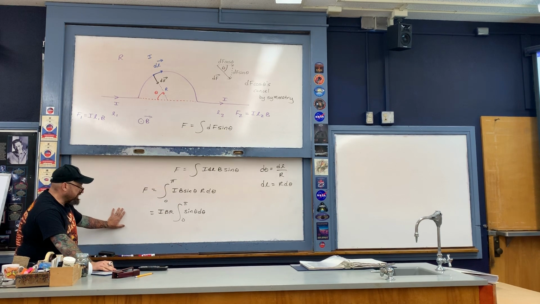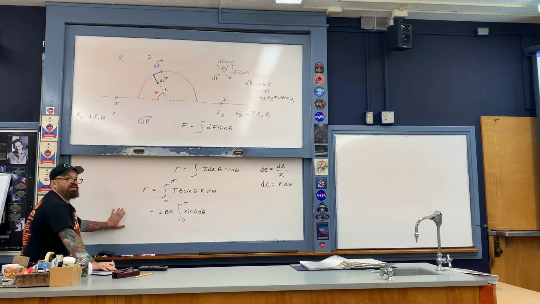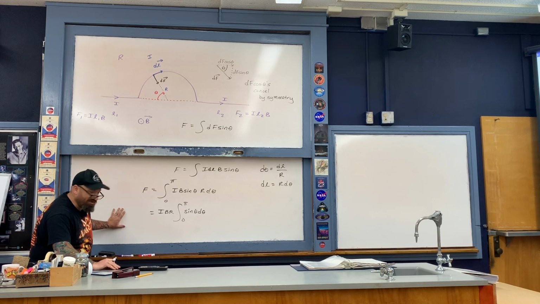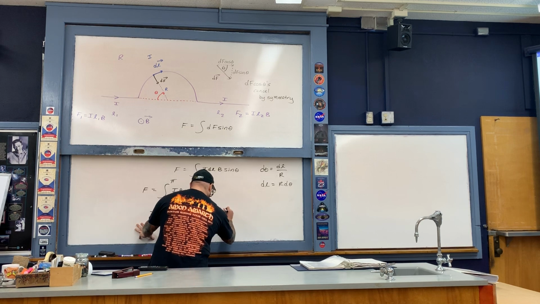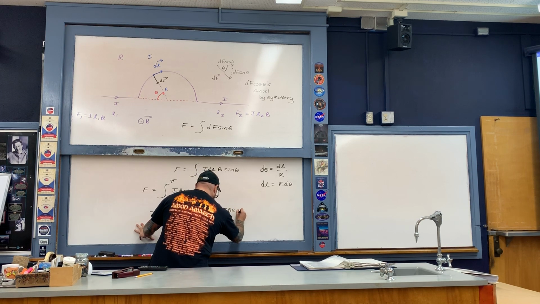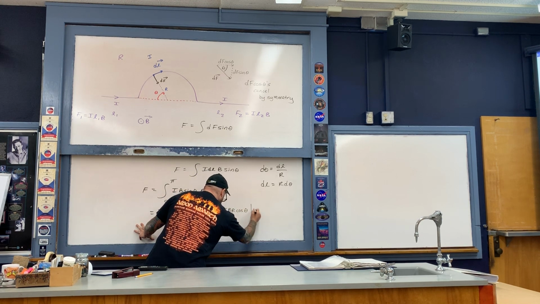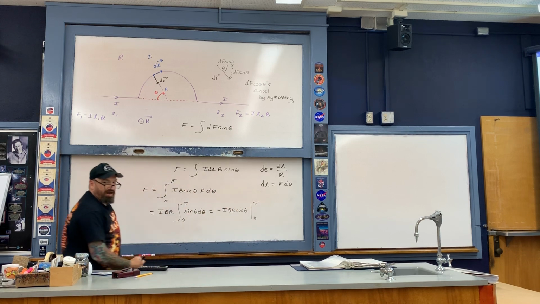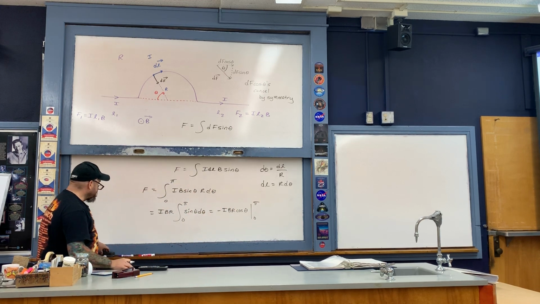And now I'm going to go ahead and integrate my sine. So the integral of sine, let's see, the derivative of cosine is negative sine. So the integral of sine is negative cosine. So you pick up a negative sign here, be a little bit careful of that. From 0 to pi. Okay, now let's go ahead and plug in our limits.